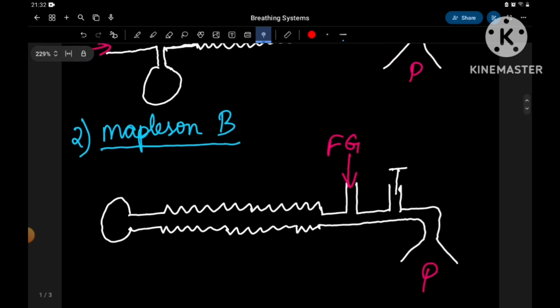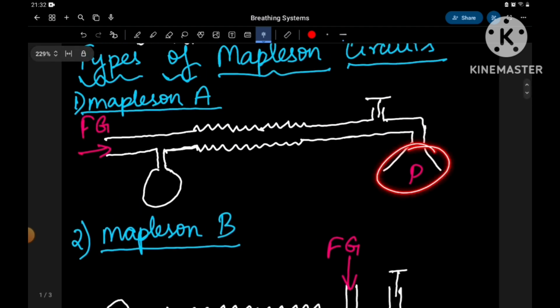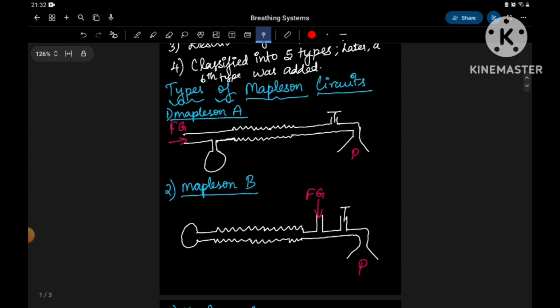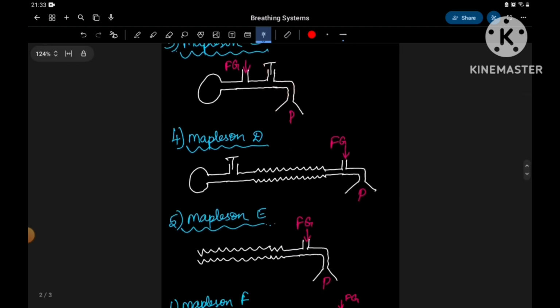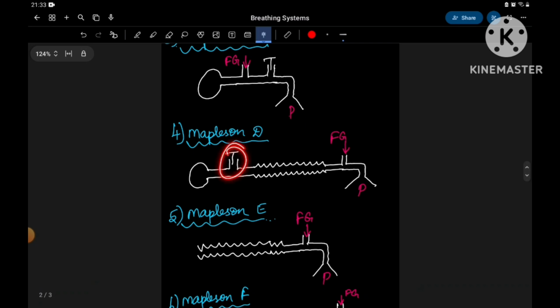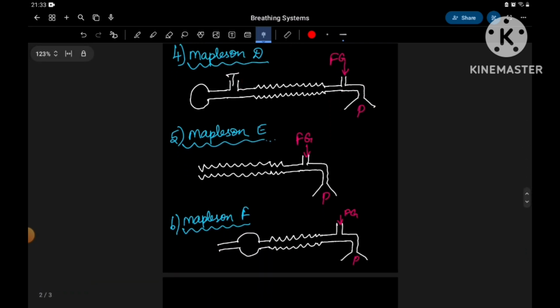You can see that MAPLESON A is near to the patient, and MAPLESON B also, this APL valve is near to the patient. MAPLESON C, see, the APL valve is near to the patient. But in D, E and F, the APL valve is far away from the patient. Here there is no APL valve at all, right? But we usually say that it is far away from the patient, in MAPLESON D particularly.